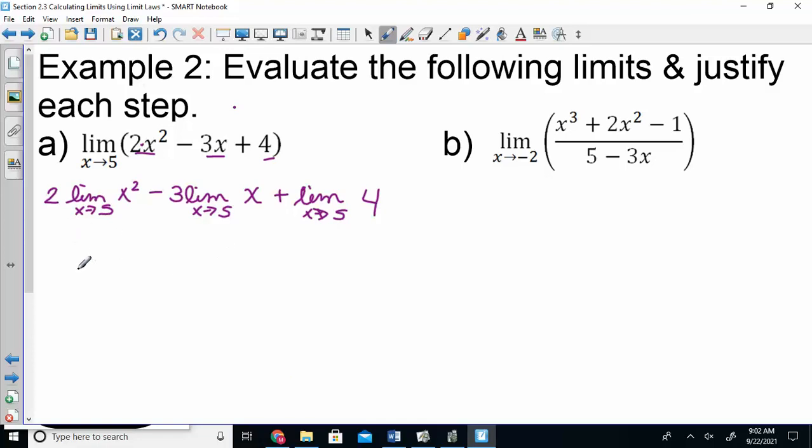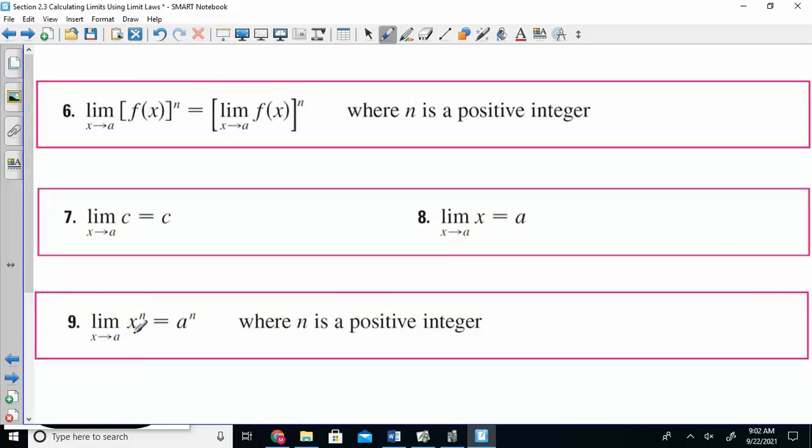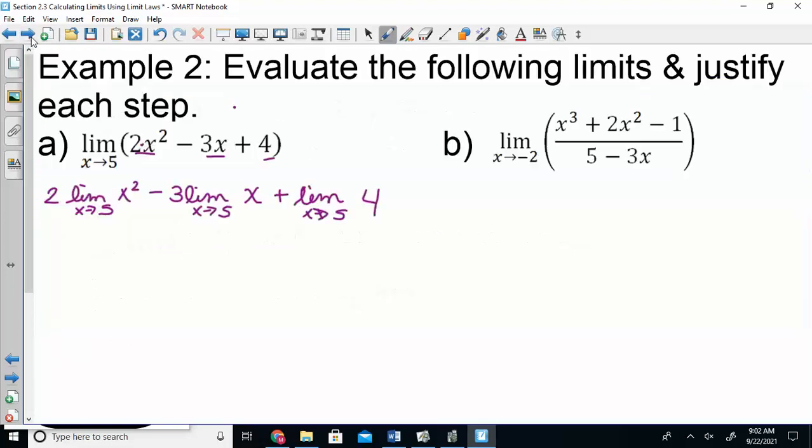So, for evaluating these things, instead of making a table of values, we had these rules. So if you take a quick glance back at your rules, it said you have the limit of x to a power. It's just a, what your limit was approaching, to that power. So the limit as x approaches 5 of x squared is just going to turn into 5 squared.